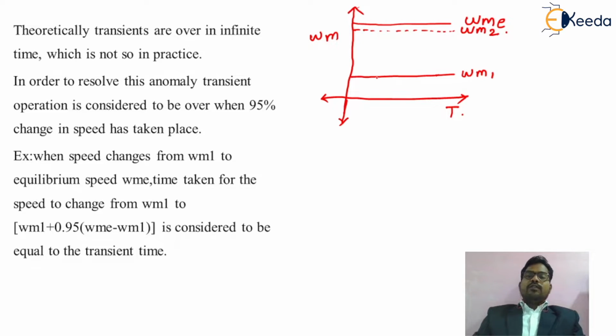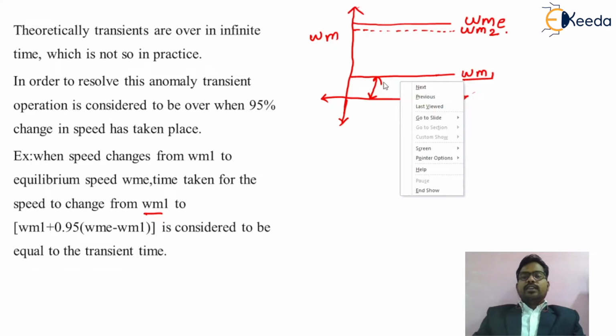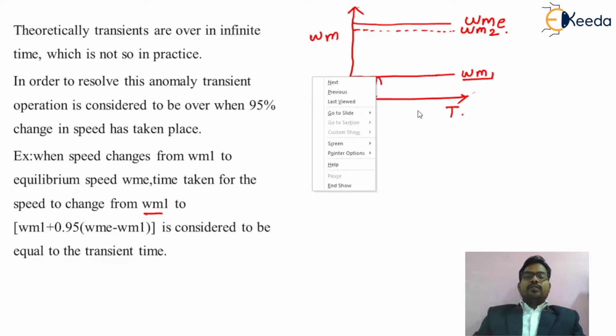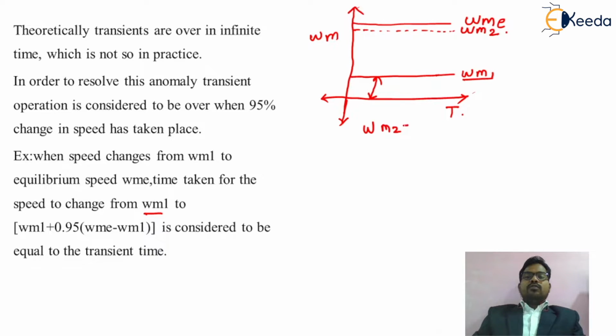For the sake of understanding, to calculate the value of omega m2, we have the value of omega m1, the initial value of the angular velocity. So the equation is omega m2 equal to omega m1 plus 0.95.